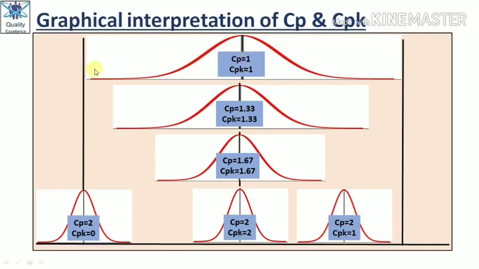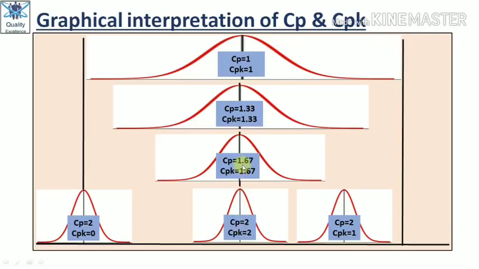And whenever your process width is more, your CP and CPK will decrease. And you can see here your process width compared from this to this is less, so your CP and CPK has been improved. In the similar manner, if you go down, and here CP is equal to 2 and CPK is equal to 2. What does it mean? If the process is very well centered, then your CP and CPK will be same. The value of CP and CPK will be same.